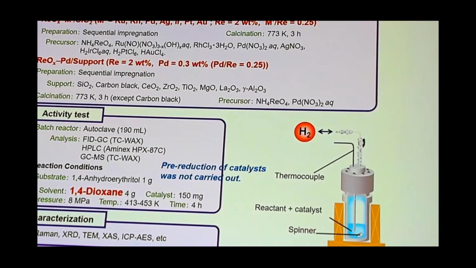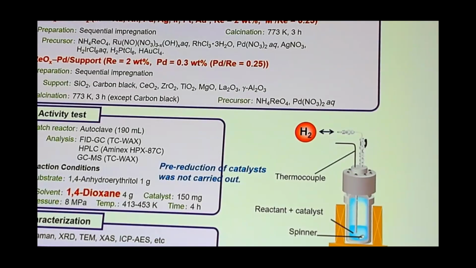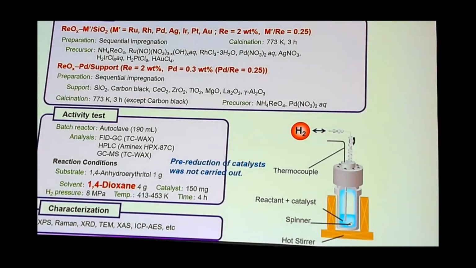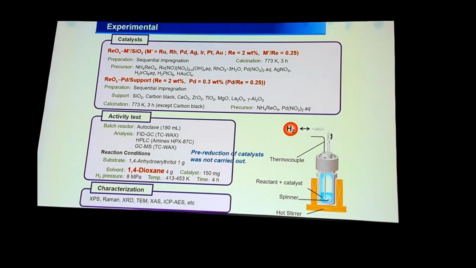Generally, we use a ceria support, and the commercial ceria is calcined at 870 Kelvin, and the BET surface area is 80 square meters per gram. I think our ceria is not so special. The important point is the solvent, usually 1,4-dioxane is used as a solvent.